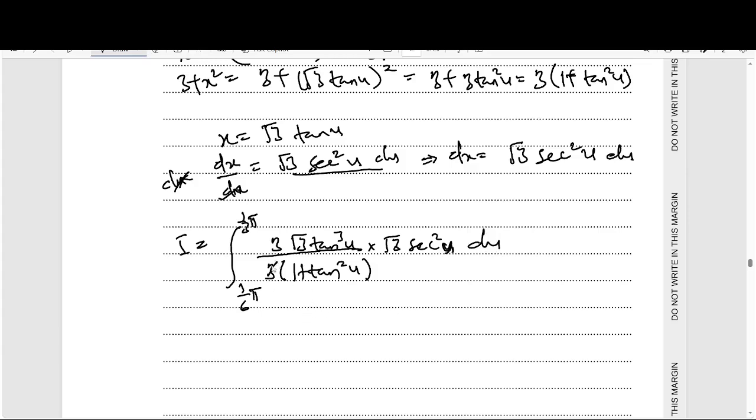I think I can cancel the 3 and 3 over here. And the root 3 and root 3 will multiply to give us 3, right? So we need to write that 3 here.